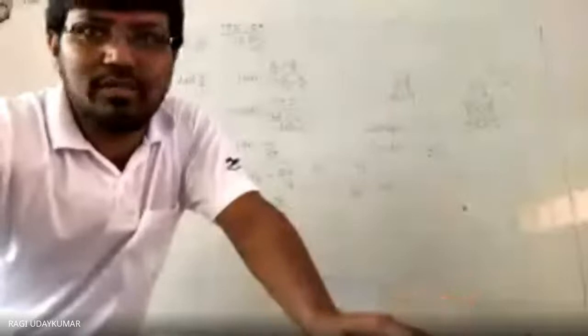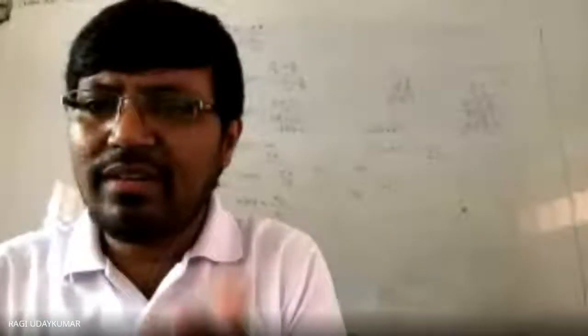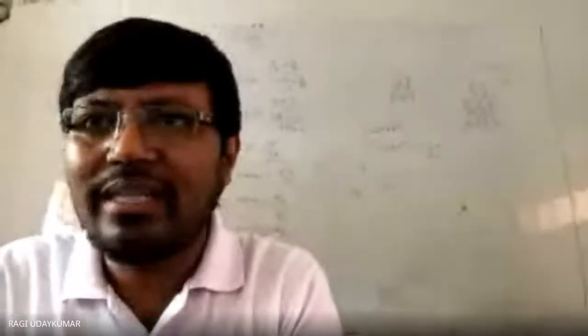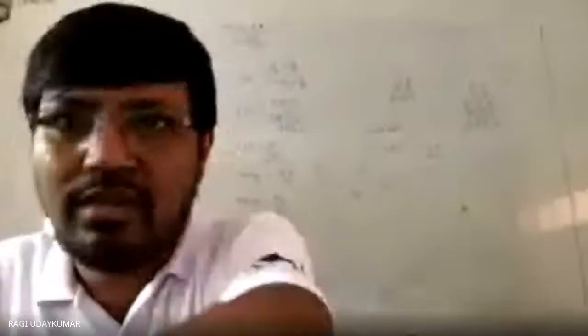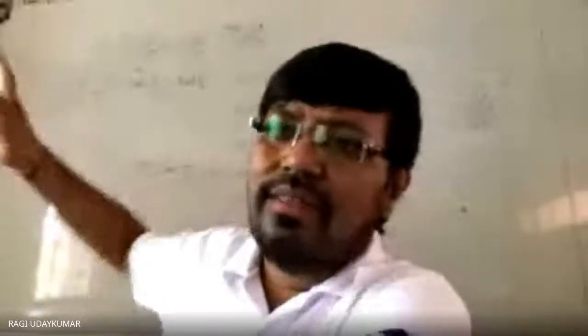Okay, is it clear? Any doubt? Like this only, the remaining problems you can solve. All the models of the problems, whatever is given to you, convert every inverse trigonometric ratio into tan.